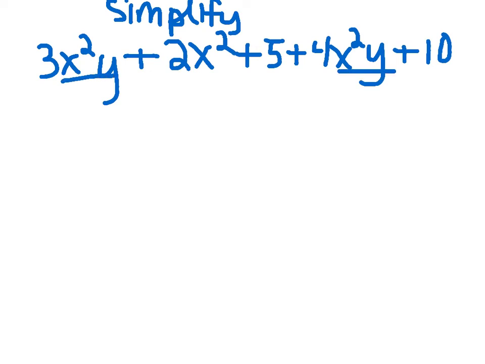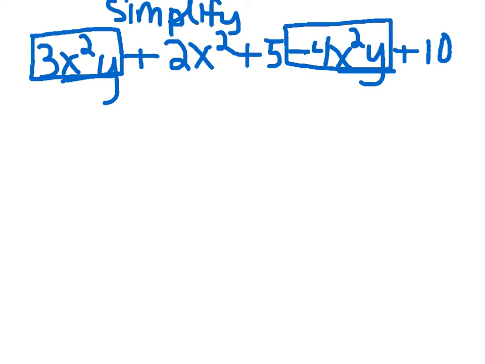And yes, I do. And actually, I'm going to change this example. I want to make this minus, because sometimes the signs are the hardest part. So if I add positive 3x squared y and negative 4x squared y, what I have is negative 1 or negative x squared y. Notice that it is not like terms with 2x squared, even though there's an x squared there. If it's not exactly the same when I take away the coefficients, it's not like terms.